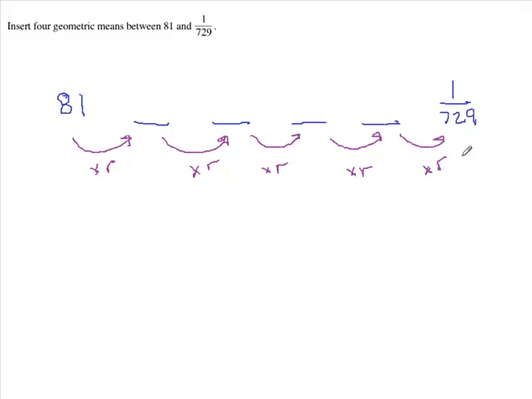And really, that is all you need to set up an equation. What this shows us is if you start with 81, you then multiply it by r, 1, 2, 3, 4, 5 times, and that gets you to 1 over 729. So 81 times r to the 5th power equals 1 over 729.